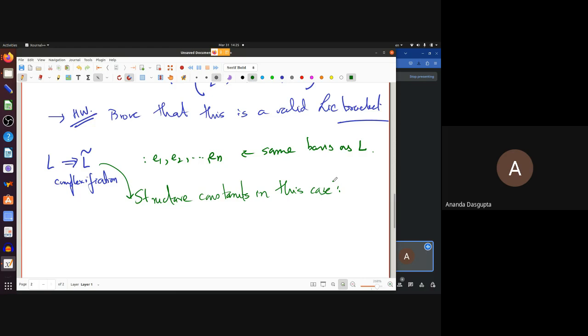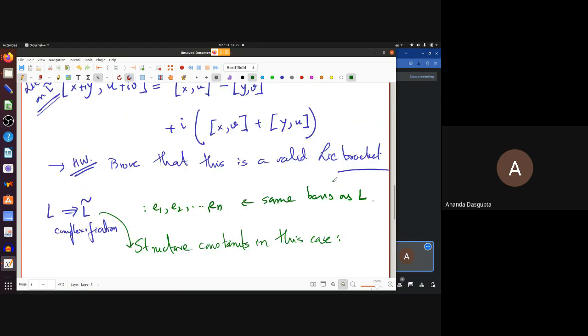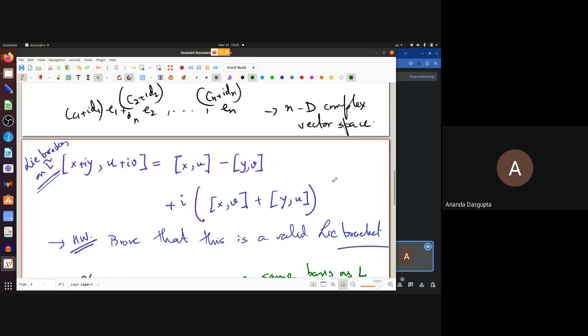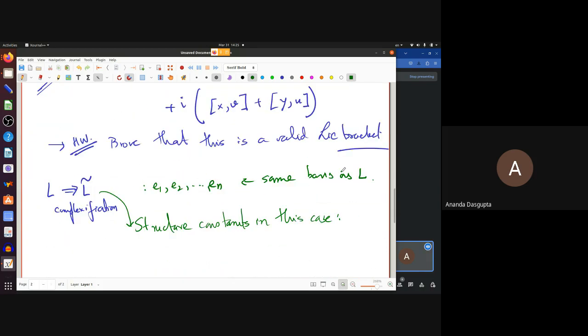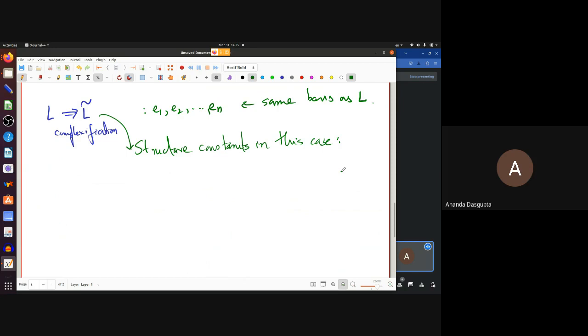If your basis vectors are the same in both cases, then of course the Lie bracket is also the same. You can easily check that E1 is E1 plus i0, E2 is E2 plus i0. So when you take the bracket of E1 and E2 using this formula, you just get the bracket of E1 and E2. Everything else will vanish. So basically, the bracket stays the same, so the structure constants stay the same.